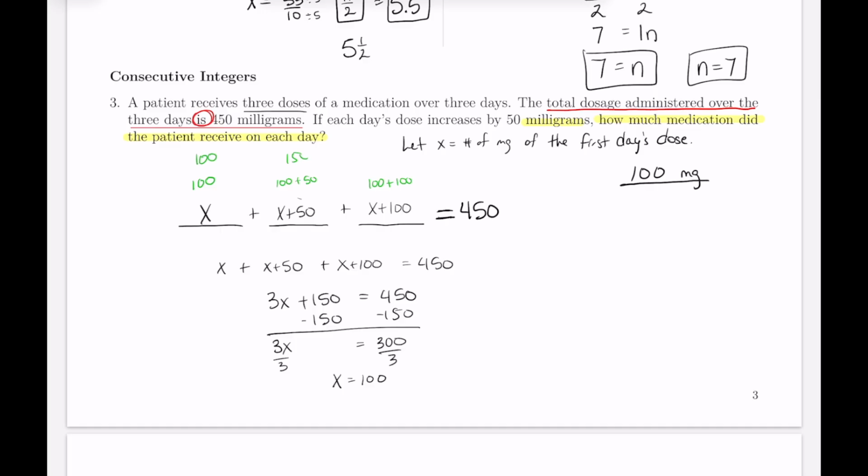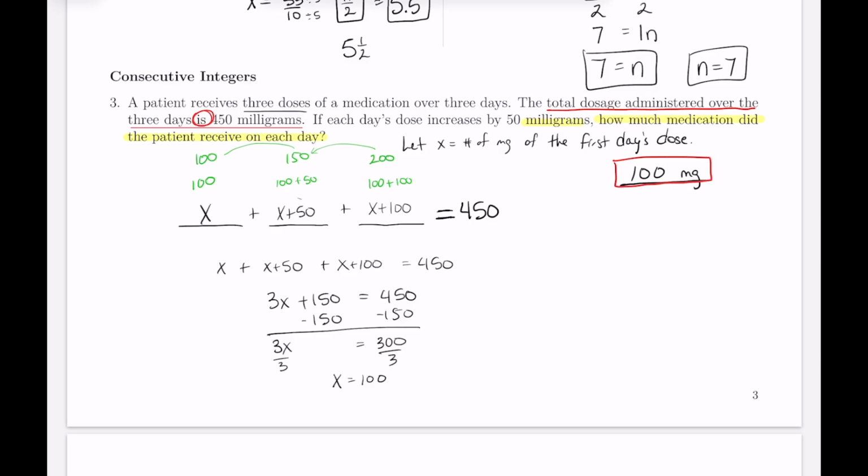This is 150. Notice it's 50 more than the previous day. And this one is 200. Notice it's 50 more than the previous day. Or in other words, 100 more than 2 days prior. They do add up to be 450, and that's how we can verify that yes, this is correct. 100 milligrams is the first day's dose.